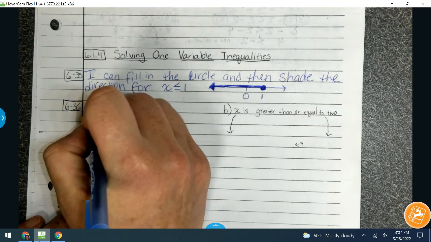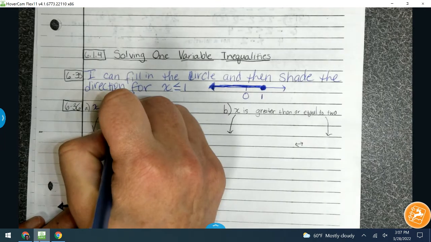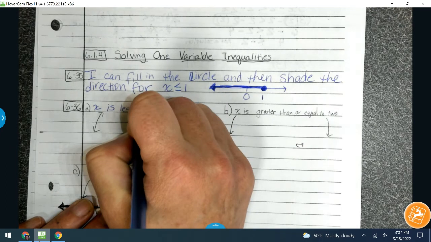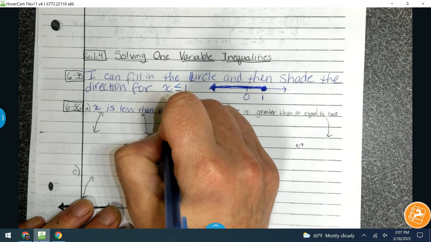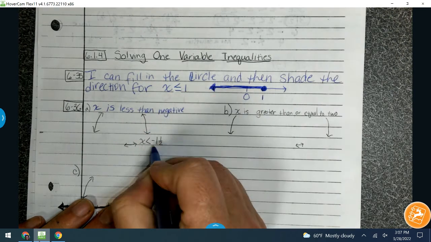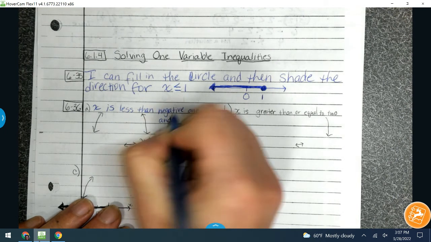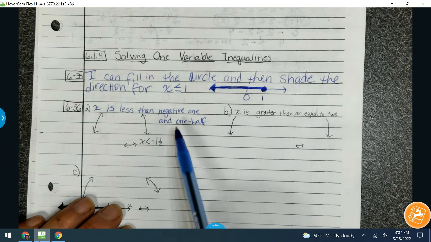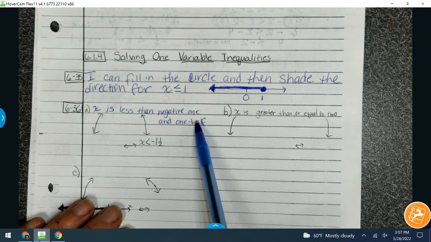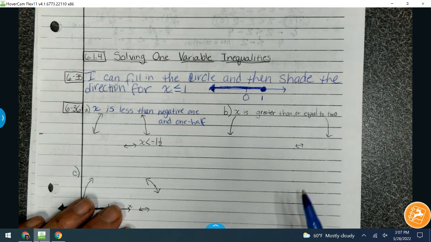So we have X is less than negative one and a half. I allowed students to write that in word or number form, but really truly word form would be where we write out the words for each of the numbers as well.